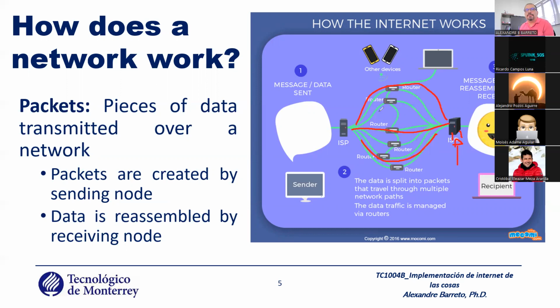However, during the transmission, for example, this router goes down, and you need to send the packets to another path, or you need to retransmit part of the information. Or, for example, this router here is okay, but a few seconds later it receives a lot of packets and it's busy, okay?